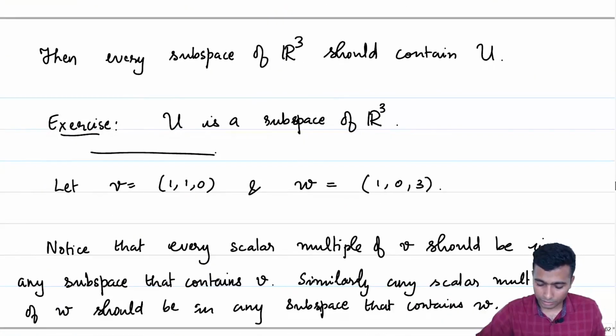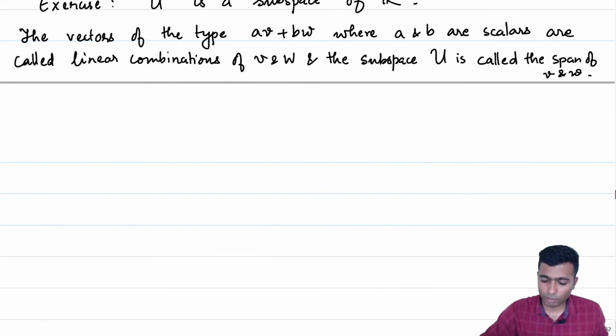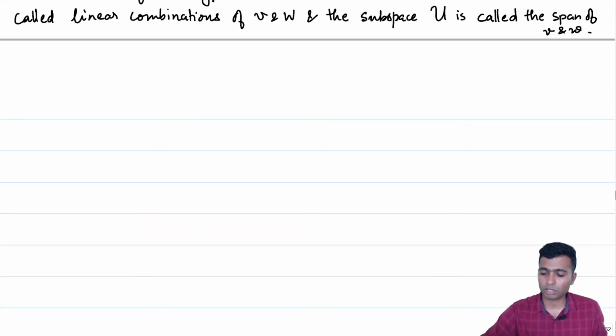We took two vectors v and w in R3, and then we were discussing all these things. So let's now give a formal definition of what is meant by a linear combination and what is meant by the span.